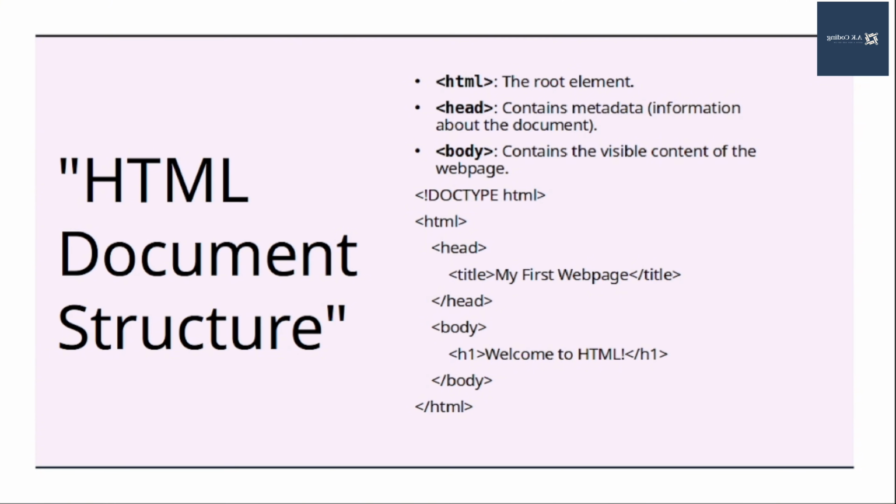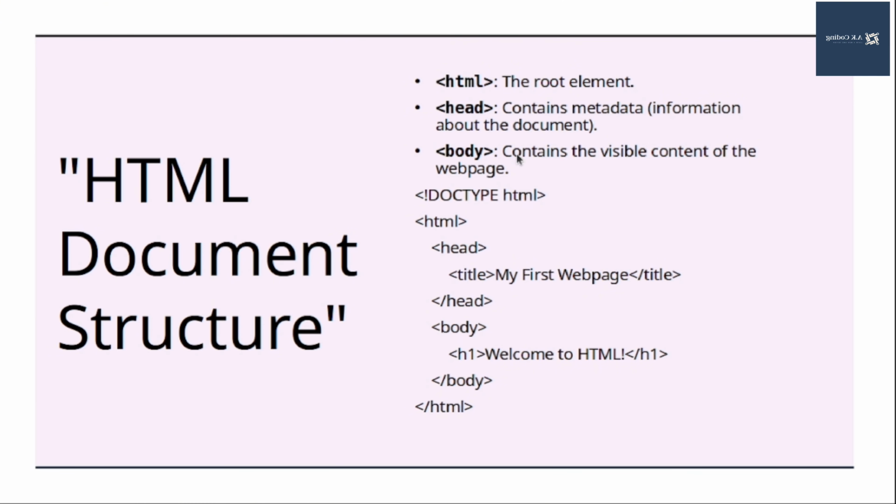This is a simple HTML document structure. I will explain step by step. Here we have the HTML tag, which is the root element of our HTML code. The second one is head, which contains metadata information about our document.